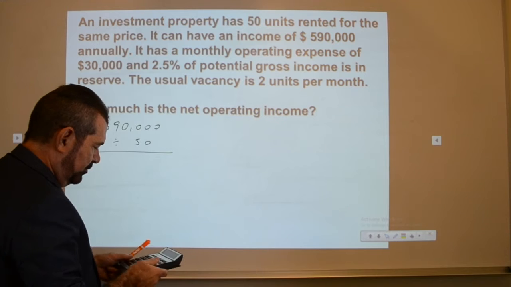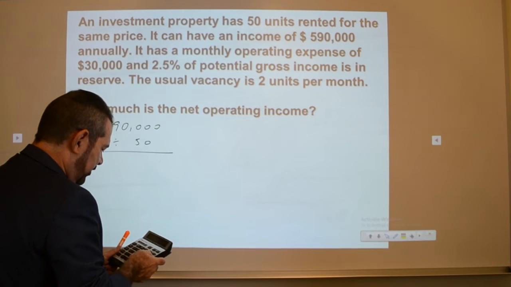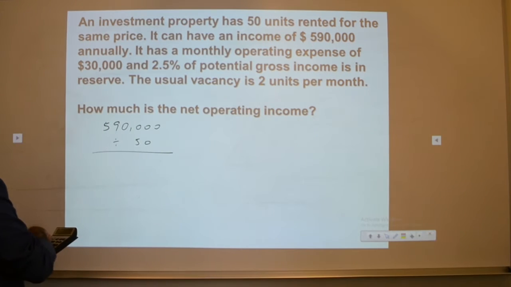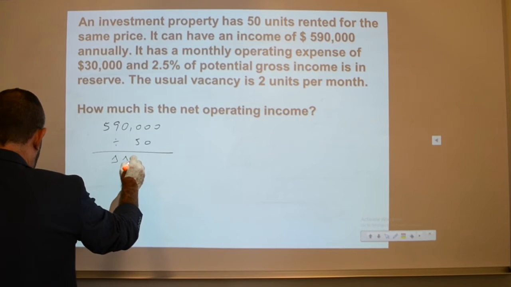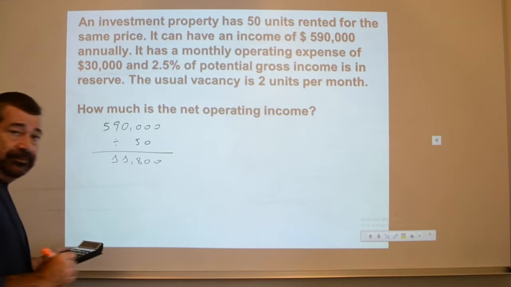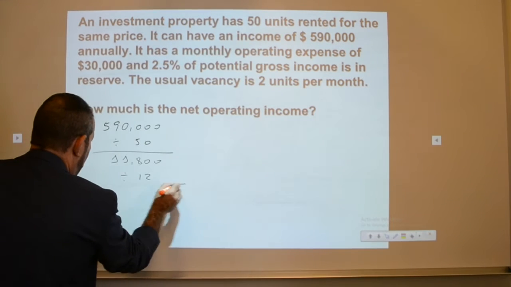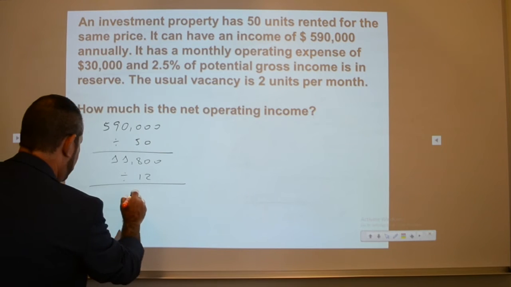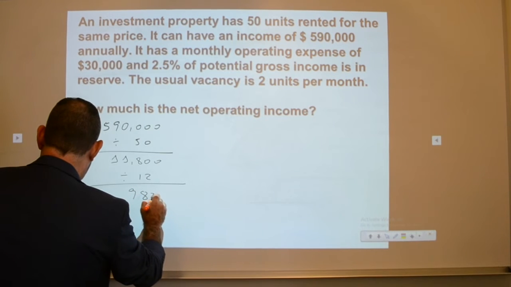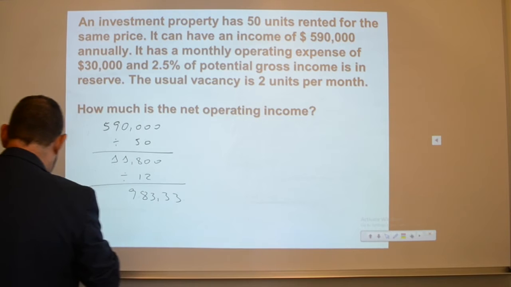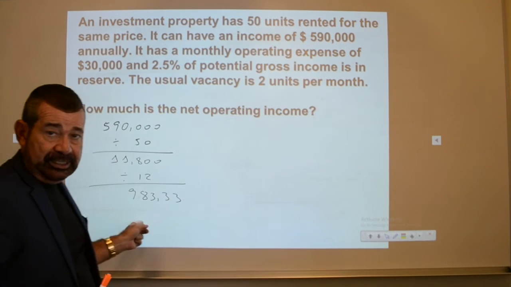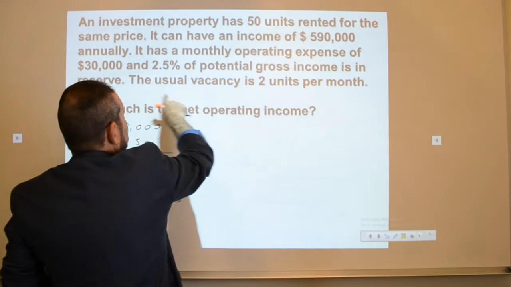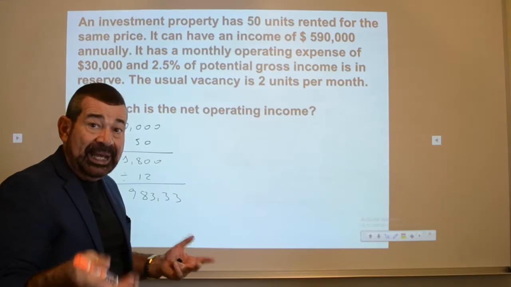That is the first thing I'm going to do. 590,000 divided by 50 will give me 11,800. Now, I'll divide that by 12, and that will give me $983.33. So that means that each unit is rented for $983 per month.